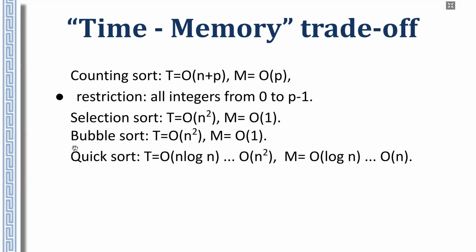Bubble sort is better than quick sort in the worst case. But in the average case, quick sort is much better than bubble sort and selection sort. But we pay with memory for this improvement. Okay, in the next videos we discuss other ideas of how to sort your array with n log n time complexity.